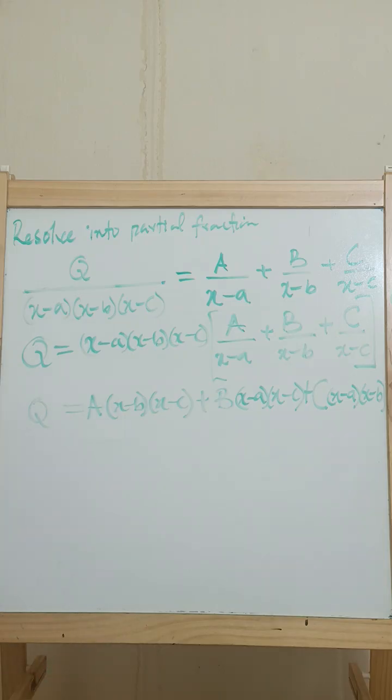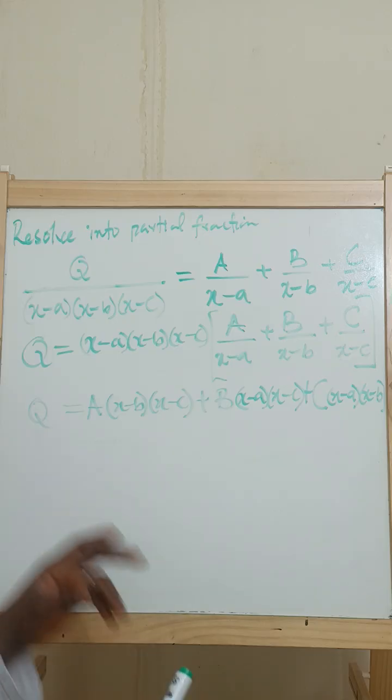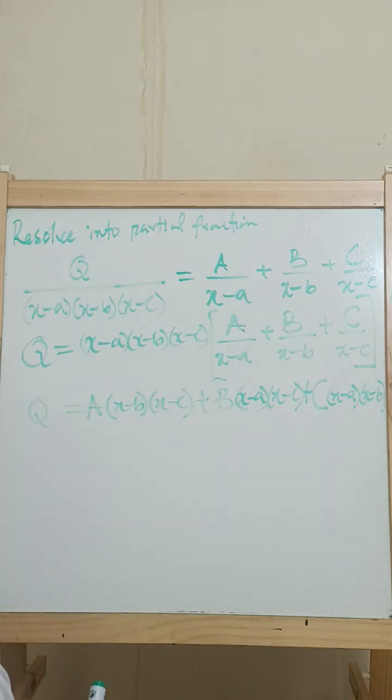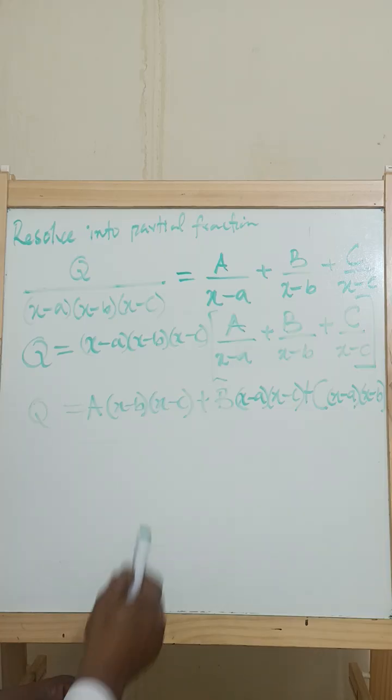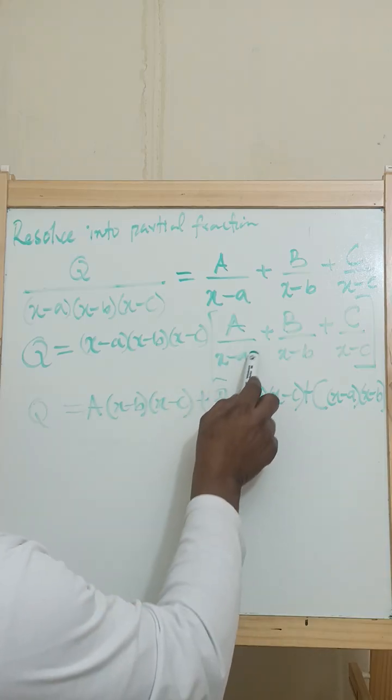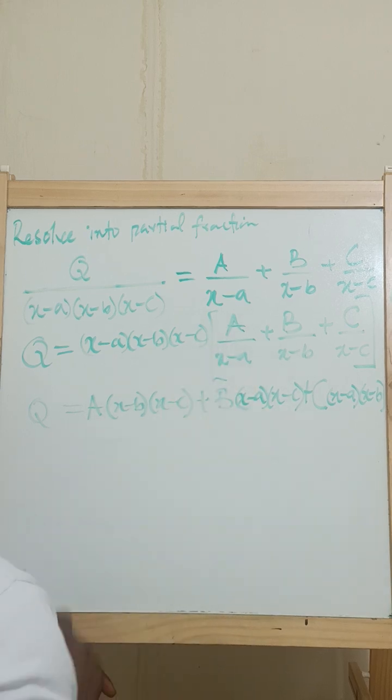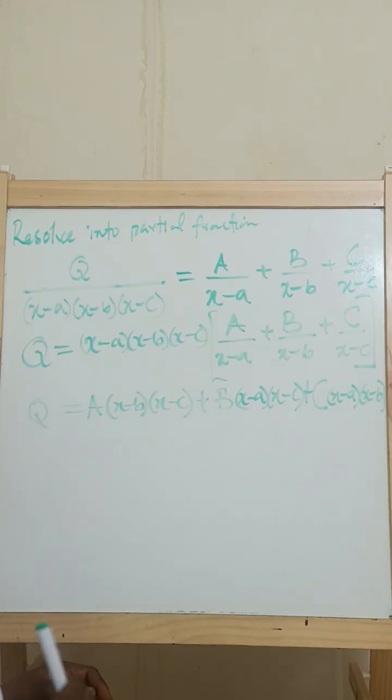Now, if we need to find A from the equation we formed here, what do we need to do? We just need to equate this to 0 and then substitute in this equation.